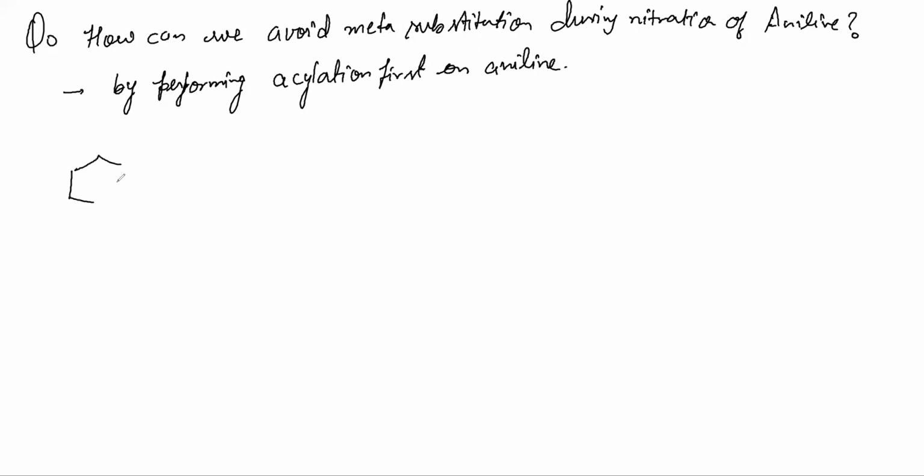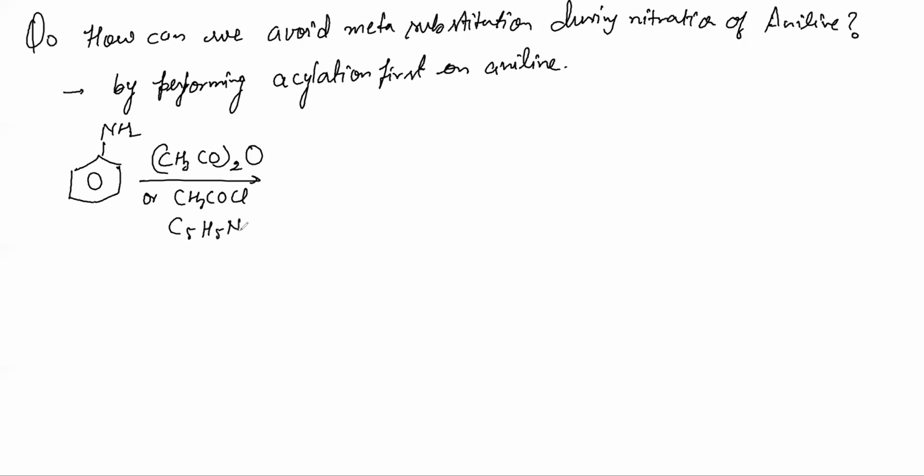Acylation means again your aniline will be treated with (CH3CO)2O, this is acetic anhydride, or CH3COCl in presence of pyridine, C5H5N. This is pyridine. So first you'll get this.